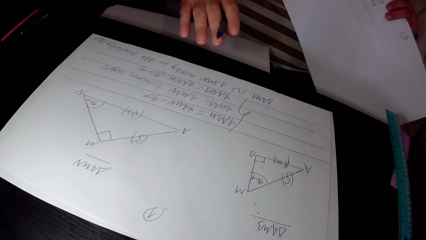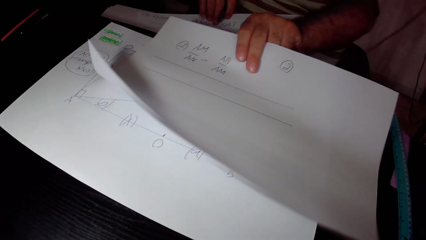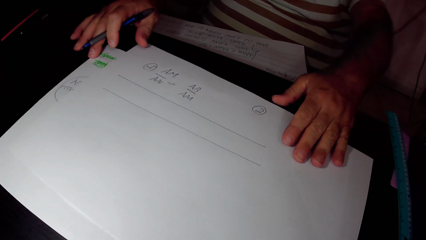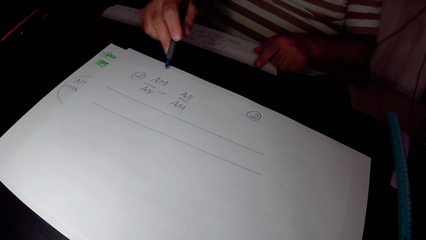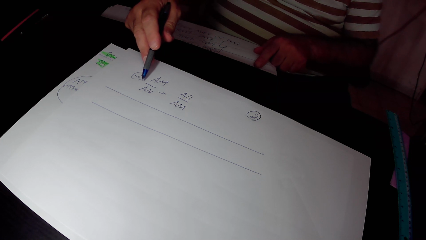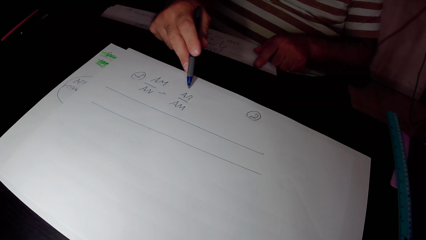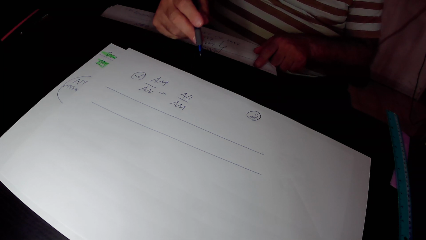Repeat again. We derive that side AM of the right triangle AMB over side AN of the right triangle AMN equals side AB of the right triangle AMB over side AM of the right triangle AMN.